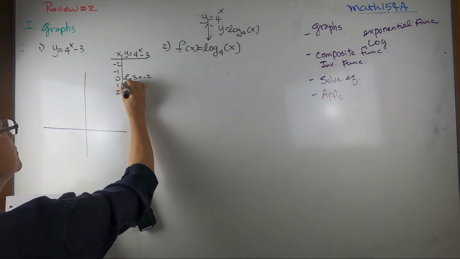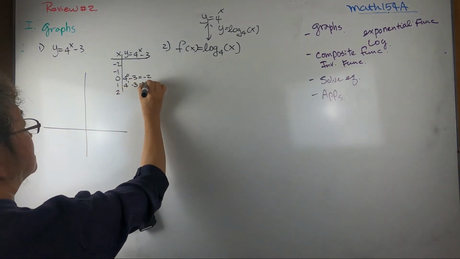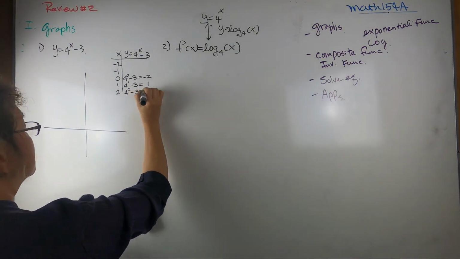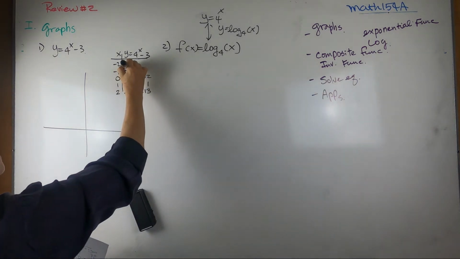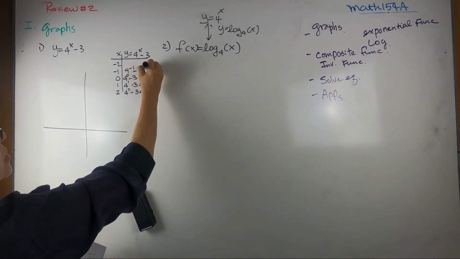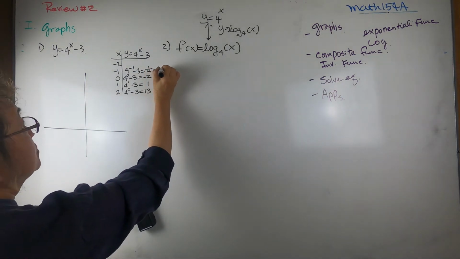Then this one is 4 to the 1 power minus 3. It would be 1. 4 to the second power, 16, minus 3 would be what? 13. Then 4 to the negative 1 power minus 3. 4 to the negative 1 is what? 1/4, right? Minus 3 would be what?